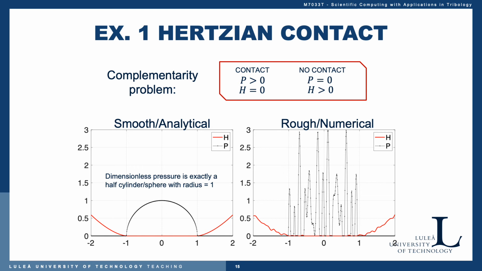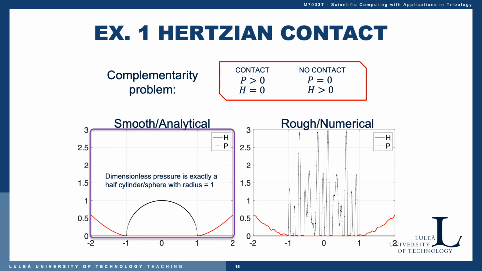What Hertz did was that he was able to non-dimensionalize the problem and to find the universal analytical solution for it. And this is actually what we see in the window down here. We see the dimensionless Hertzian pressure profile, which is just a semi-cylinder with the radius 1.